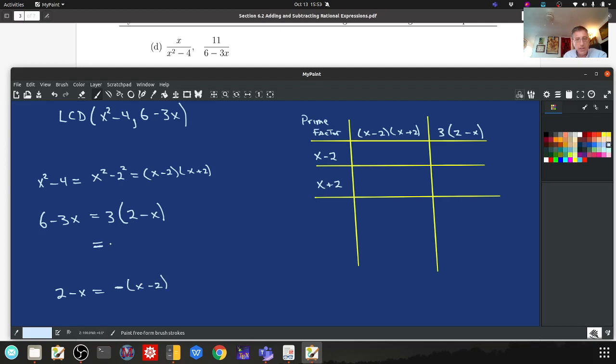So I'm literally going to write this as minus 3 times x minus 2. So what I'll do here is I'm going to write my minus 3 right there. I'm going to keep the minus on that part right there, and that's all I have to do.